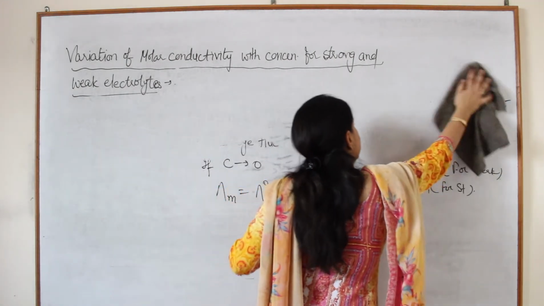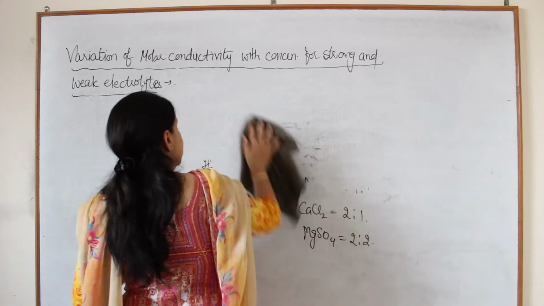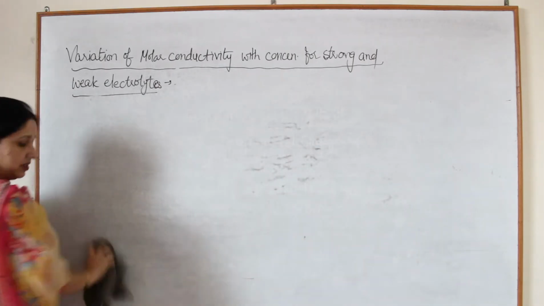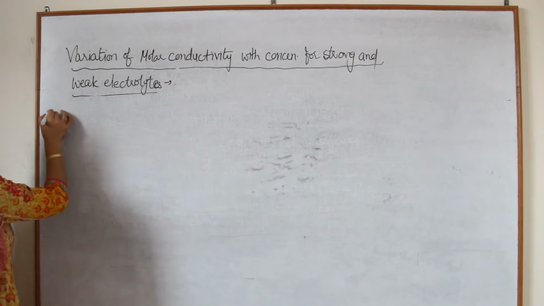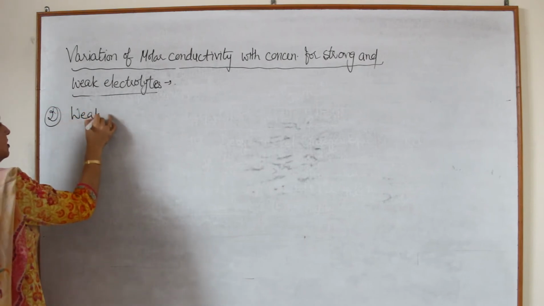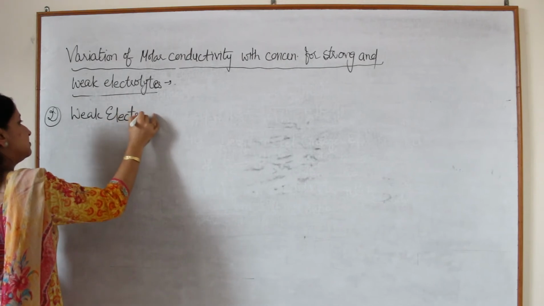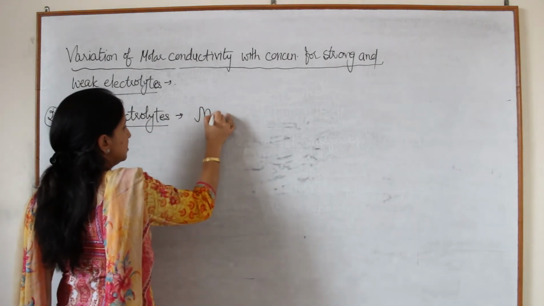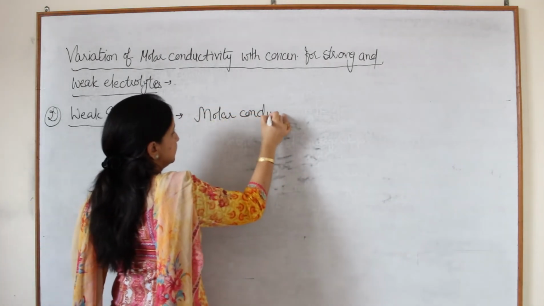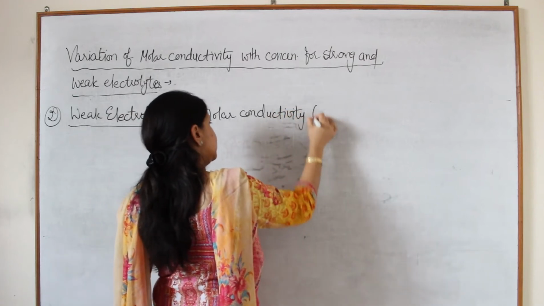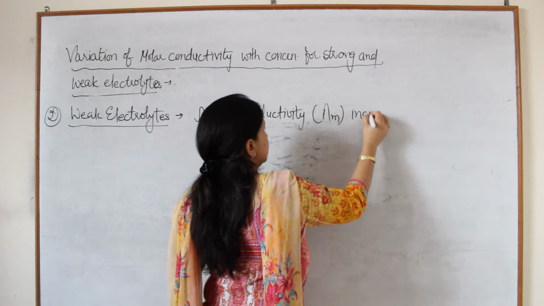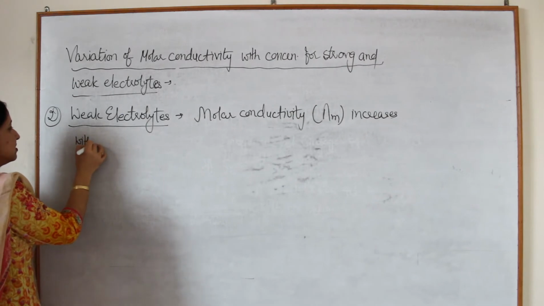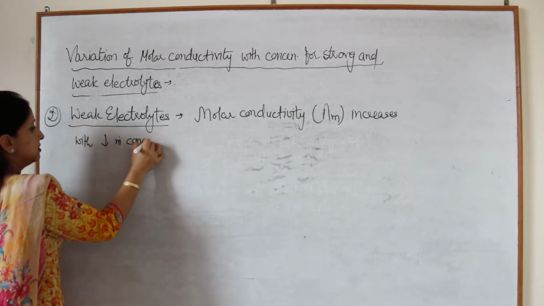So for weak electrolytes, again lambda m increases with decrease in concentration. Next case is of weak electrolytes. So again molar conductivity, means lambda m, increases with decrease in concentration.